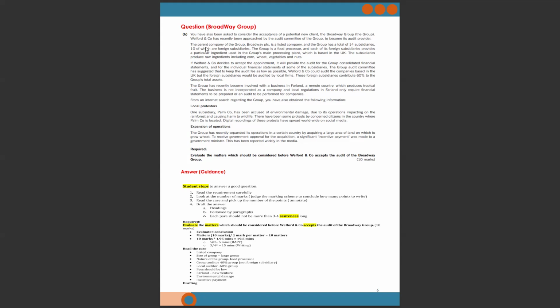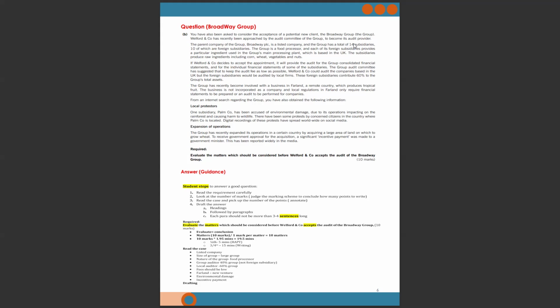The parent company of the group, Broadway PLC, is a listed company. Whenever there is the word listed company, make sure there is something about rules and regulations. And the group has a total of 14 subsidiaries.